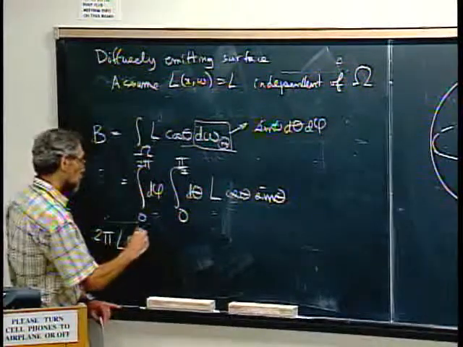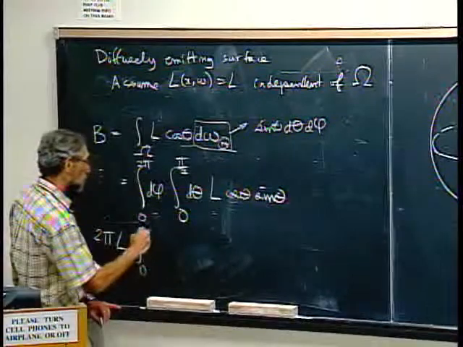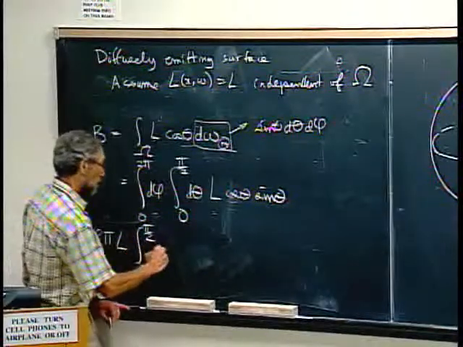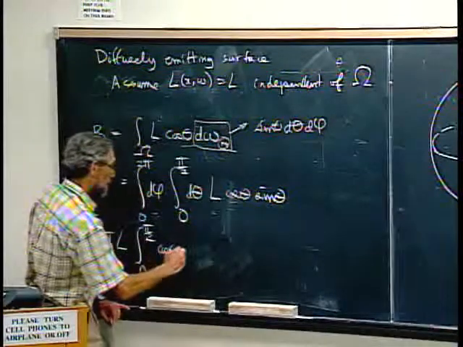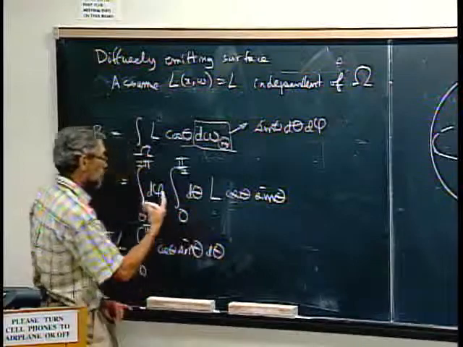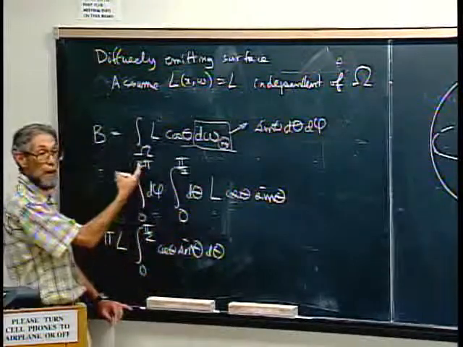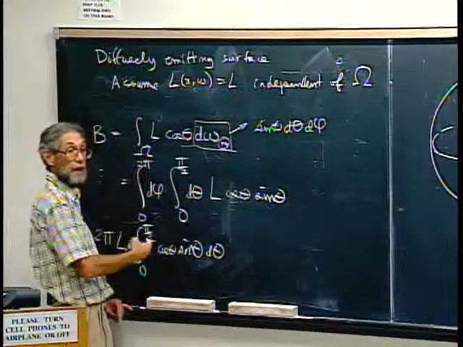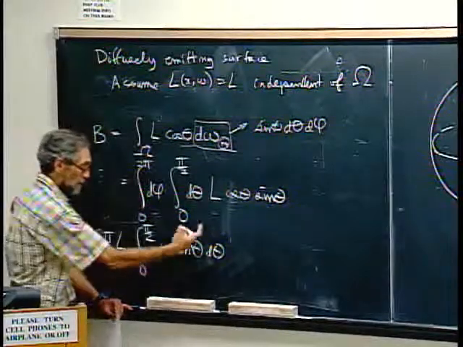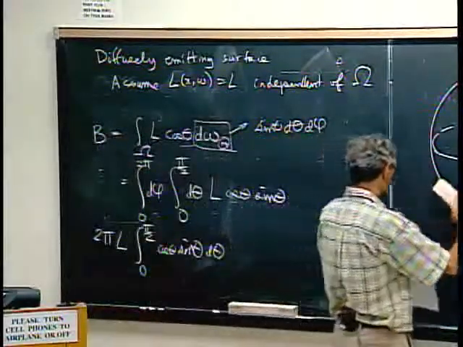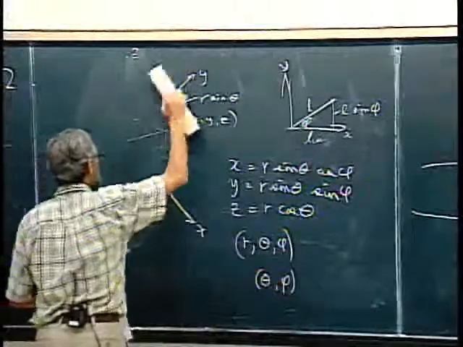And then what I've got to do still is the integral from 0 to pi halves of cosine theta sine theta d theta. My d phi just made my 2 pi here because it's a constant, a thing that doesn't depend on phi, times d phi. So I just need this thing. Now let me see if I can finish that integral in 3.5 minutes.